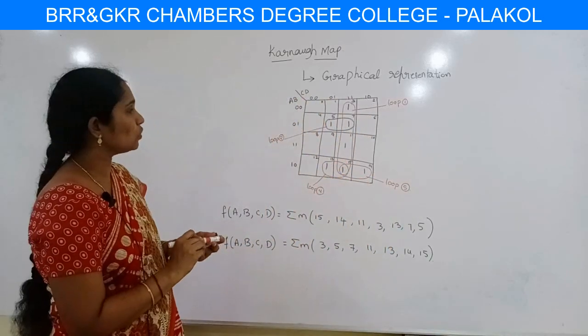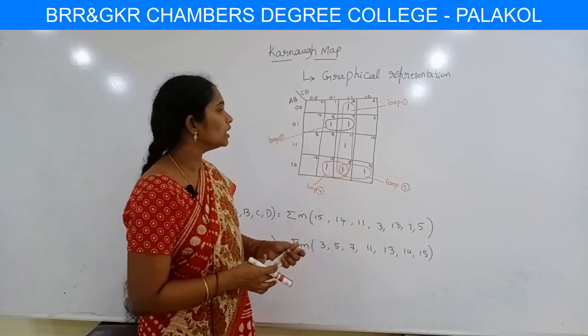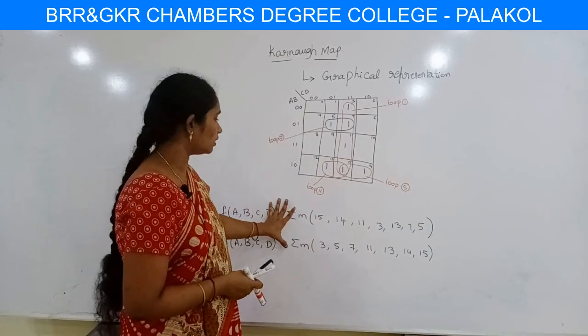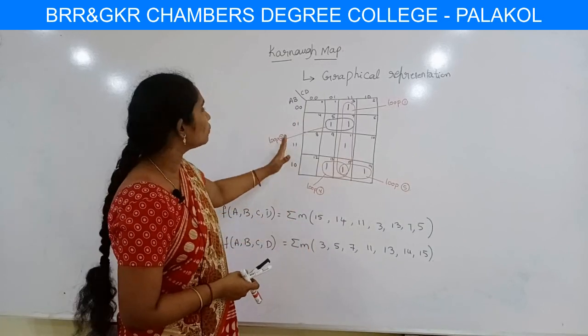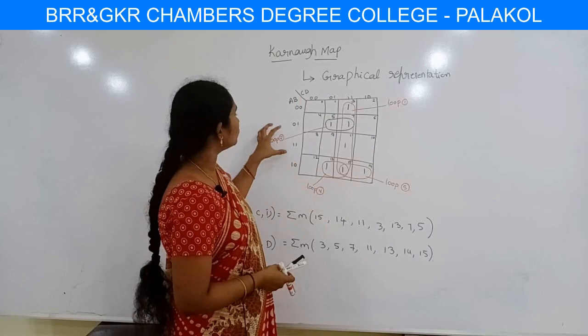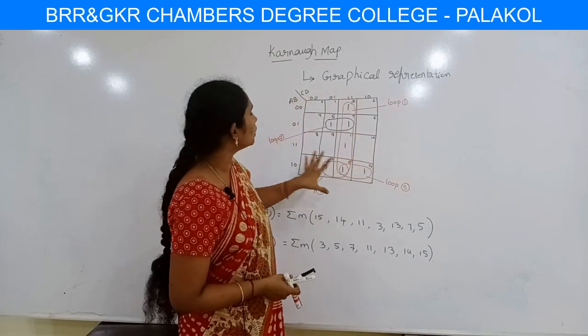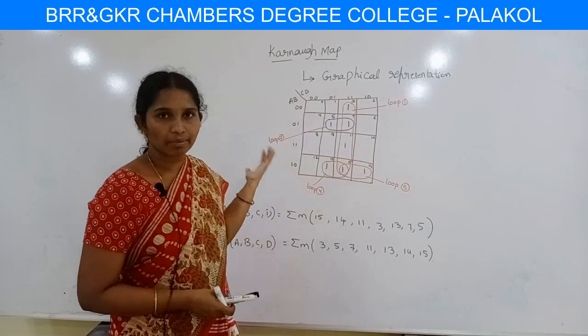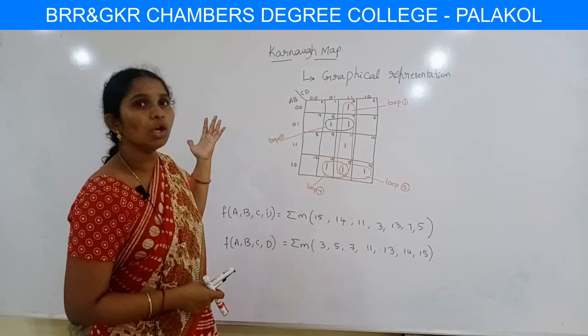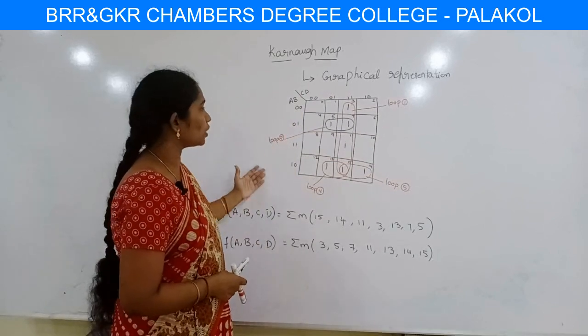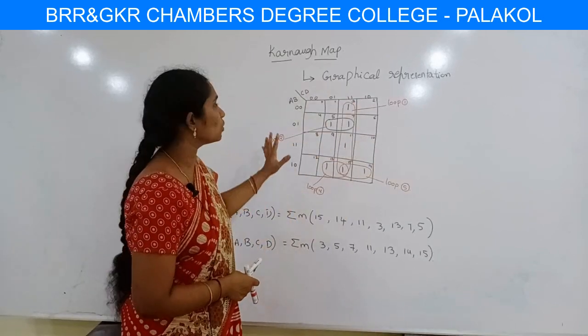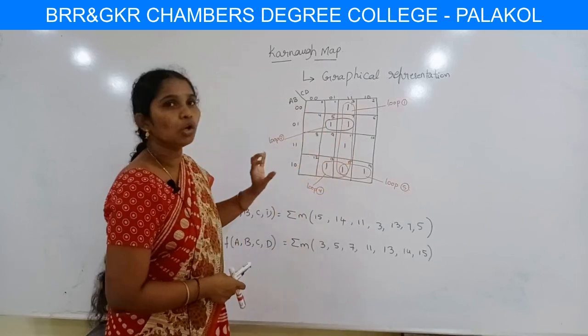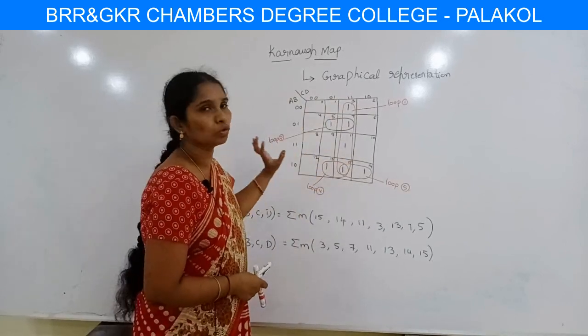Okay, so likewise you have to form 5 loops for this question. Okay, so by calculating these loops, we are obtaining the same expression. So what is the expression we have derived? So that expression is obtained. Okay, so likewise you have to form the loops and you have to form the groups.